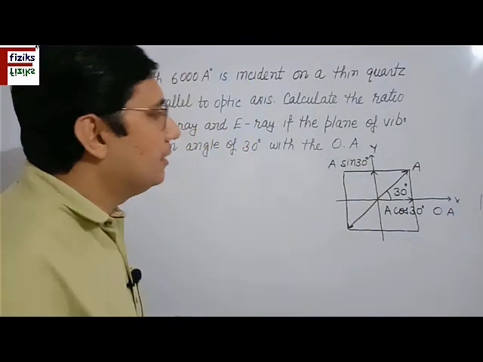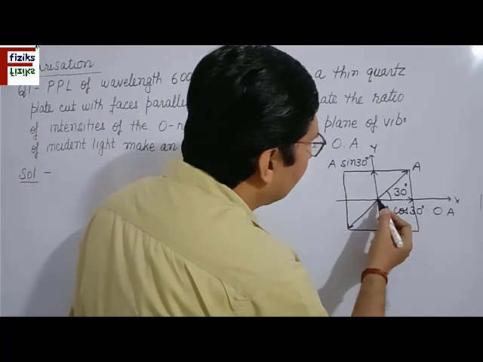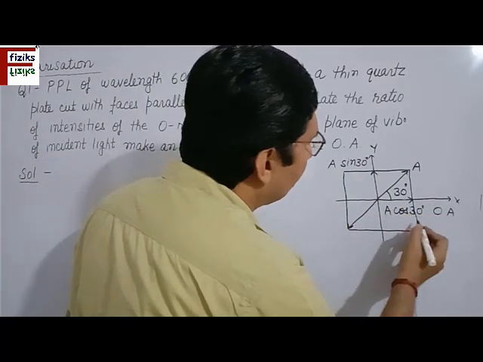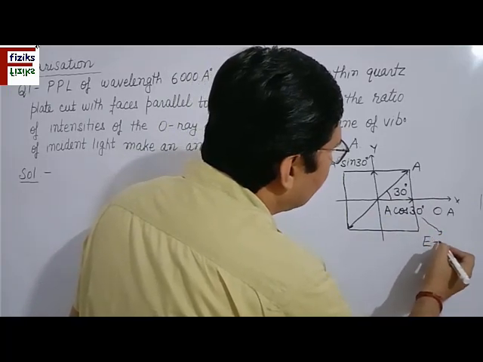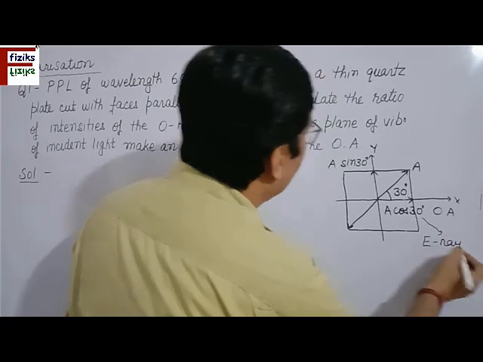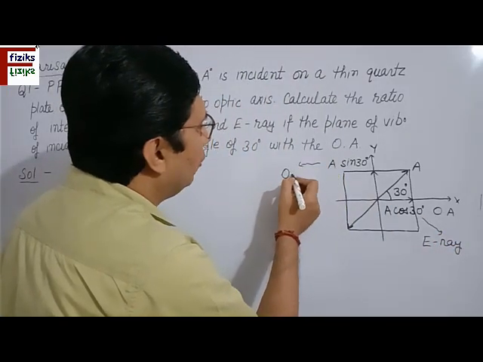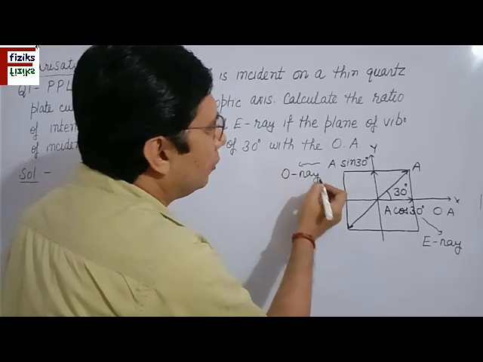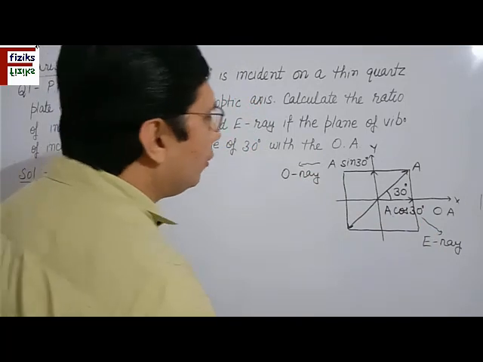You are aware that this electric component that is parallel to optic axis will behave as E ray, and perpendicular component will behave as O ray. So this A cos 30 degree is the amplitude of E ray.